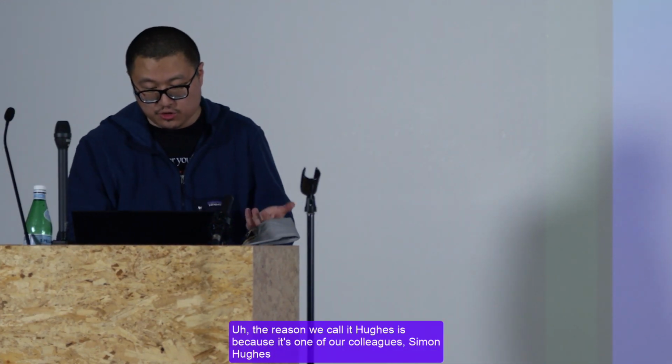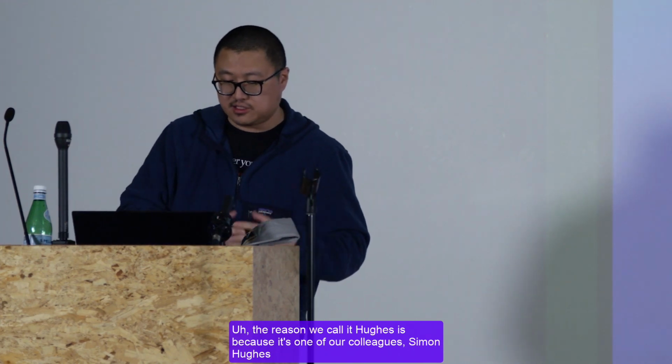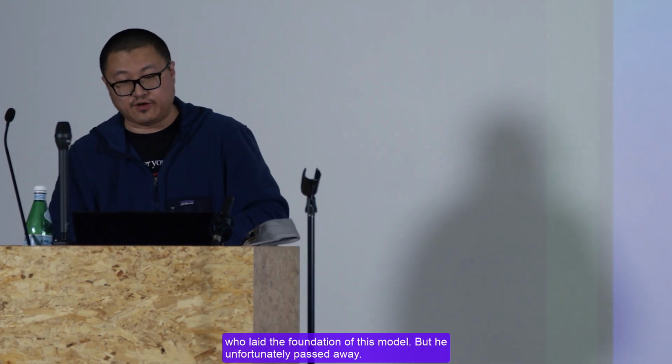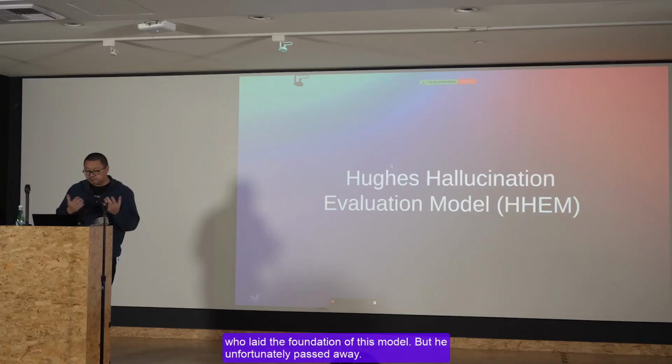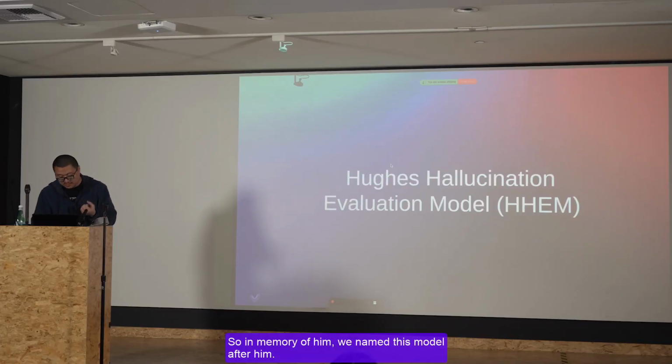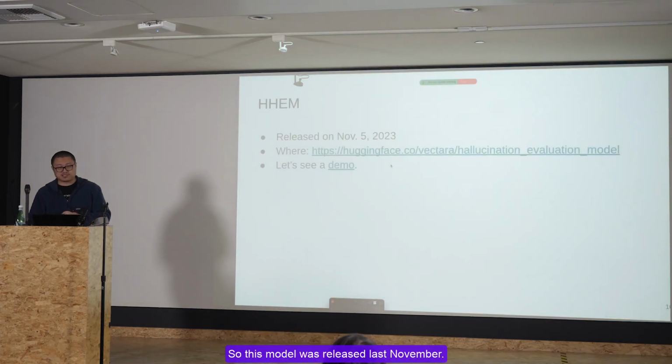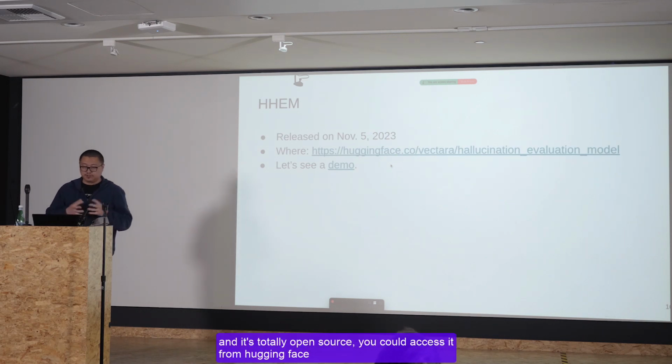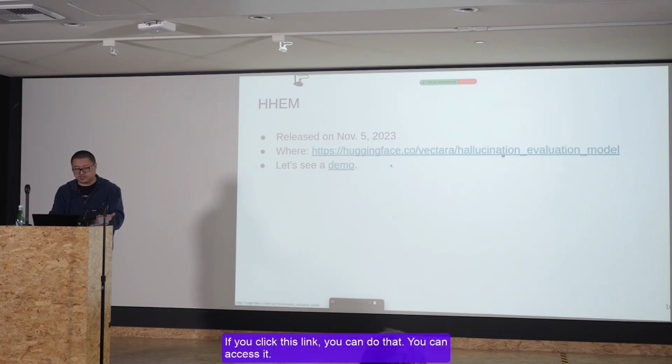The reason we call it Hughes is that one of our colleagues, Simon Hughes, laid the foundation of this model, but he unfortunately passed away. So in memory of him, we named this model after him. This model was released last November, and it's totally open source. You can access it from Hugging Face Space if you click this link.